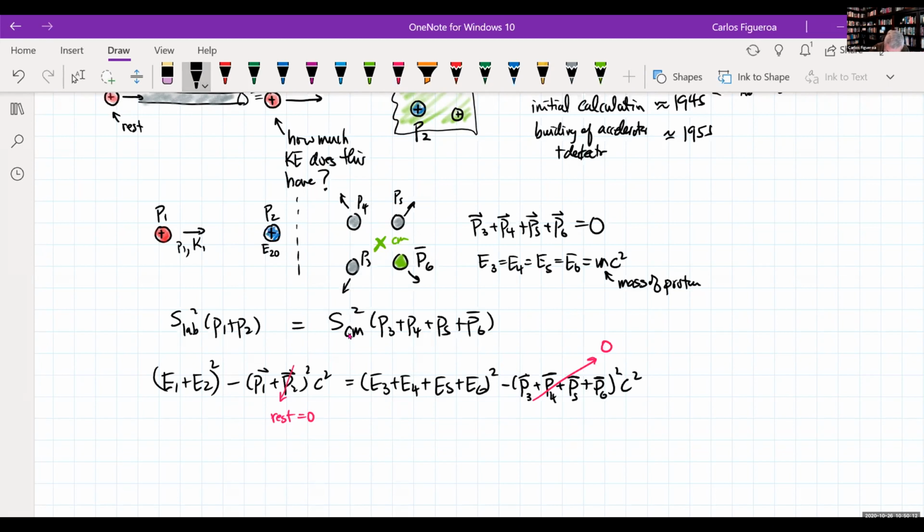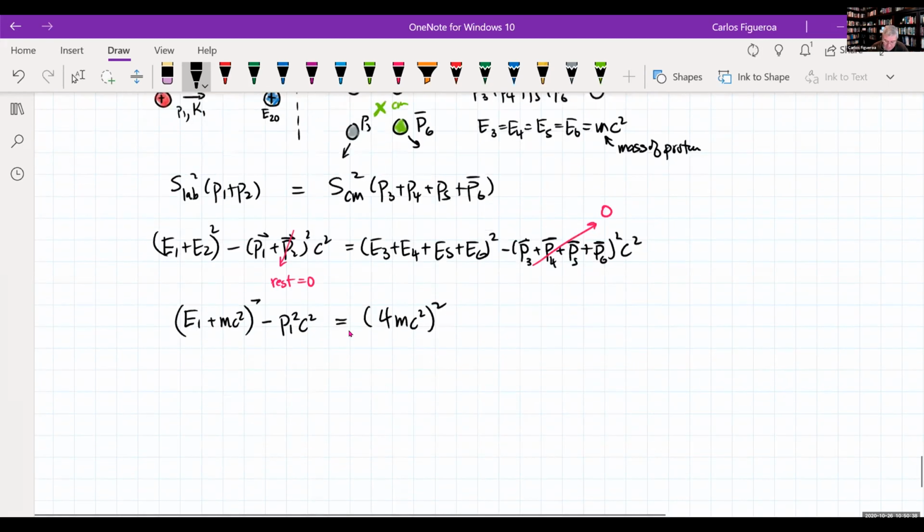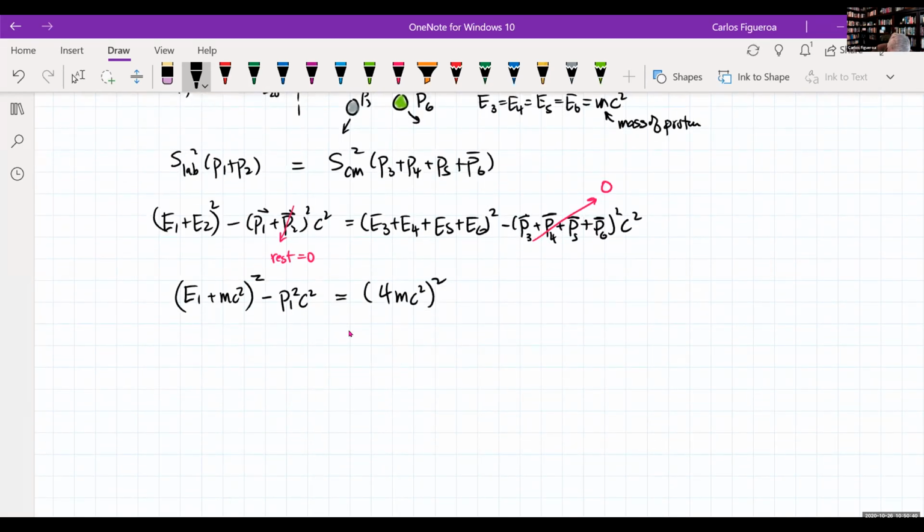So what you're finding here is that you get E1, and because that's at rest, I'm going to get the rest energy of E2. It's just because it's just sitting there. And then I get that for particle 1. And then afterwards, I'm going to get 4 mass of the proton squared. So all I need to do then is go in and now solve for P1C, which I'm going to have to do later.